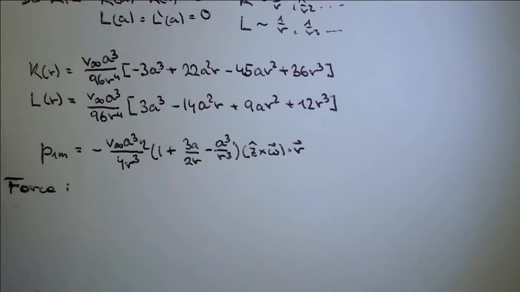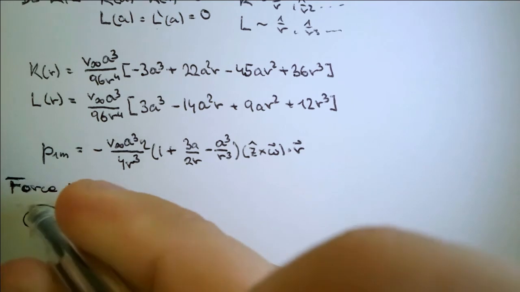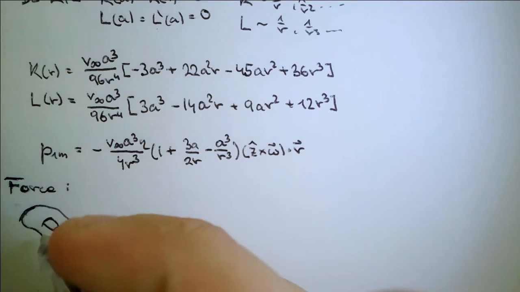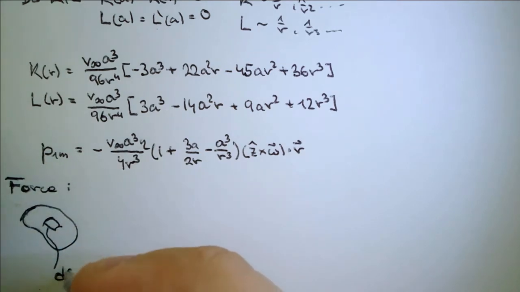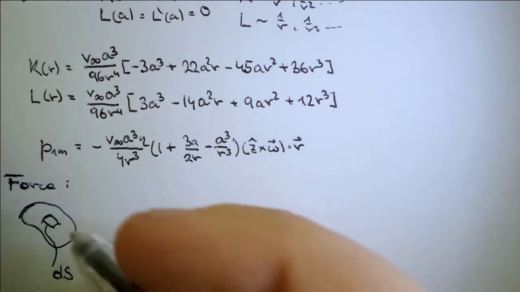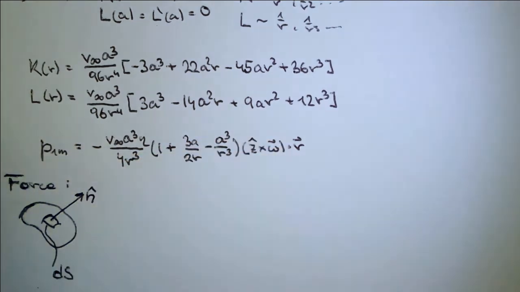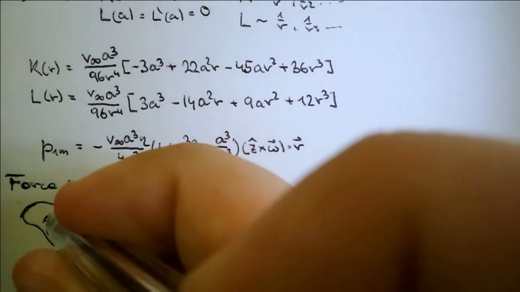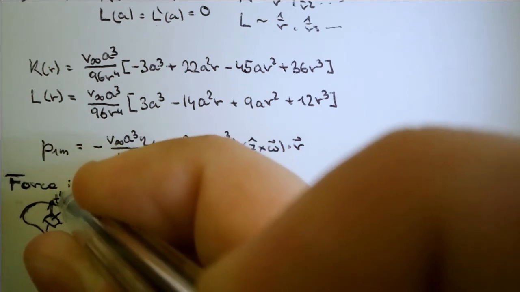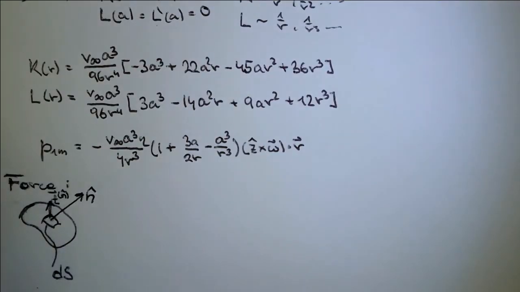As you already know, if we have a surface and we cut off an element of this surface and denote its surface area as dS, this surface has an outer normal attached to it, and there is a force acting on this little element of surface.